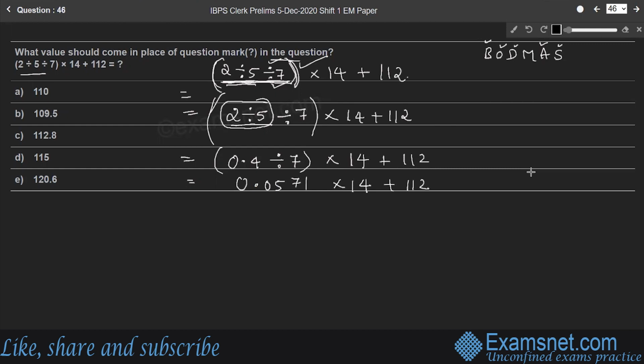So which is equal to 0.0571 into 14. So it is 0.799 plus 112. Right? You can verify this. Is equal to 112.799, which is nearly equal to 112.8. Right? Therefore, option C is the right answer.